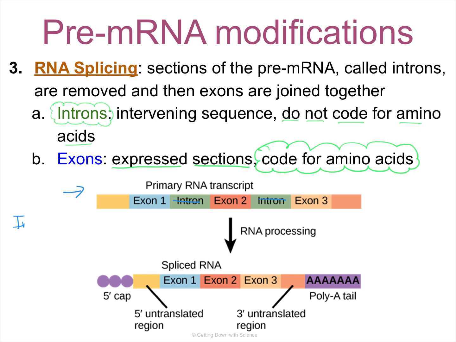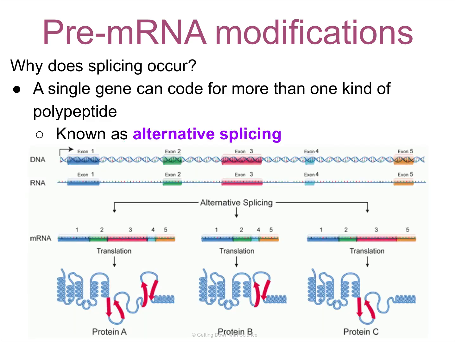So introns, think of it like a placeholder, and your exons are the actual information. Okay? So splicing something means to kind of cut it up or cut it apart. And so that's what's going to happen, it's going to cut things out, and we'll see on the next slide.